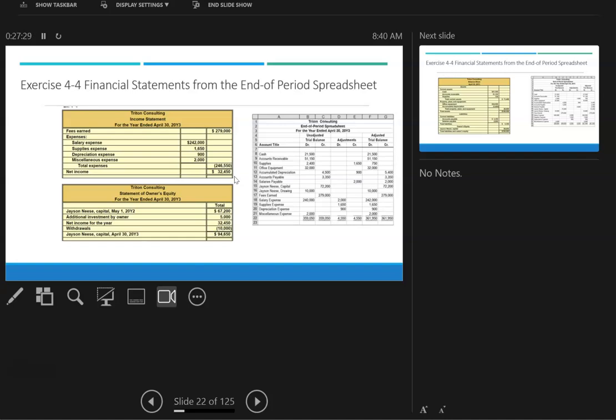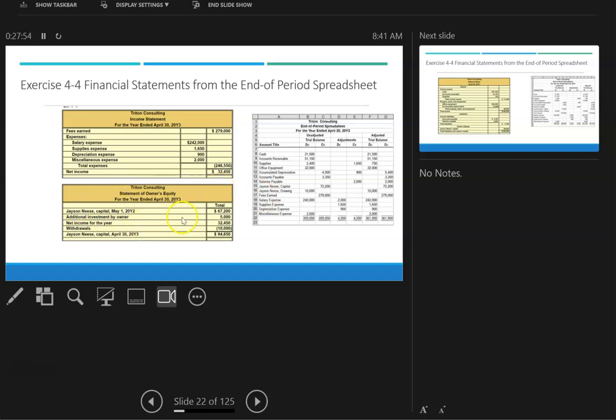We need that net income in order to calculate the statement of owner's equity. We show Jason started with $67,200. Now, guys, this says $72,200, but we know during the year he invested an additional $5,000, right? So we show what he started with.